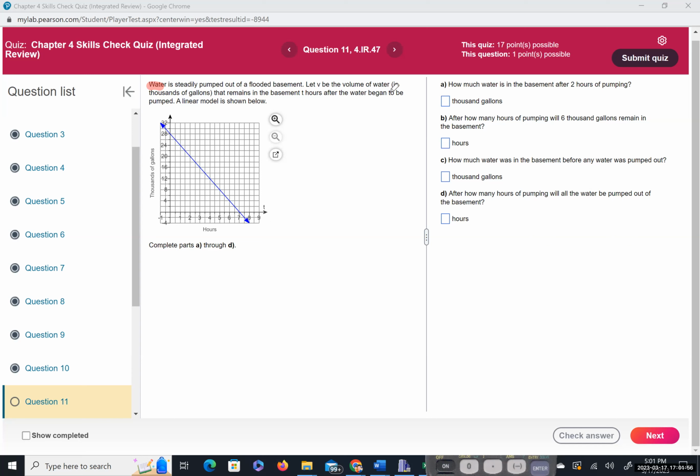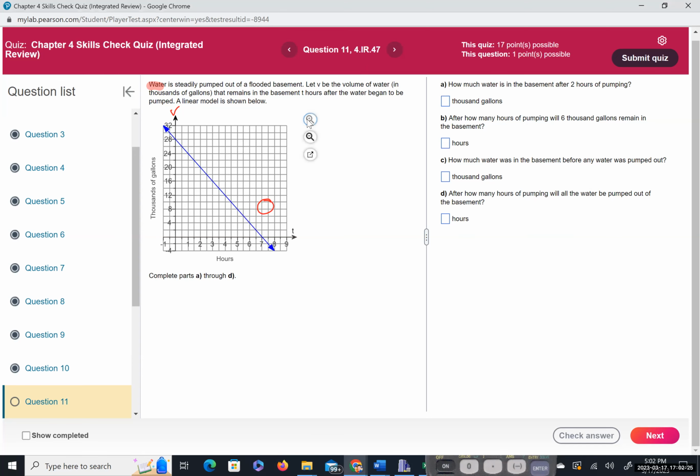V is the volume of water in thousands of gallons remaining in the basement, T hours after the water began to be pumped. So V is gonna be the y axis, and T is here, the x axis. A linear model is shown below. Okay, so here's the graph. We'll make it bigger.